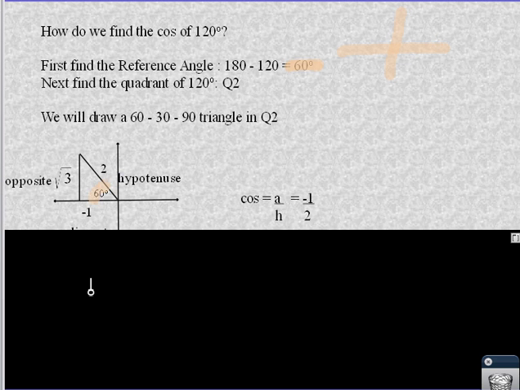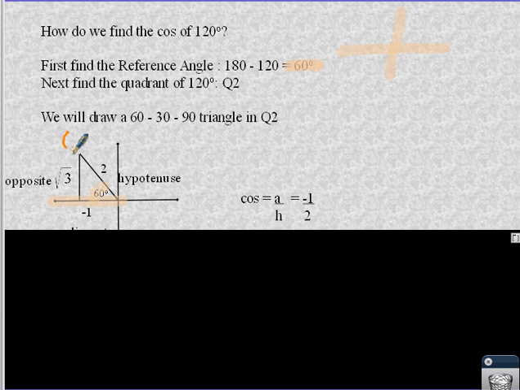You're probably wondering why we even have to draw it in quadrant 2. We have to take into account the sign of the x and y coordinates in that quadrant. Notice quadrant 2, this is the negative part of the x-axis. So even though the actual length is 1, we're looking at our coordinates.